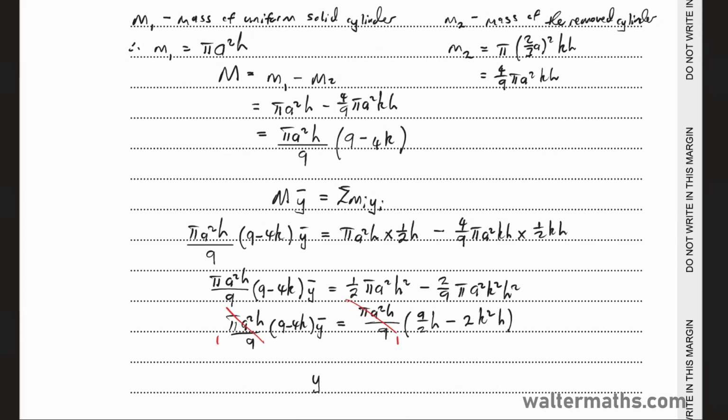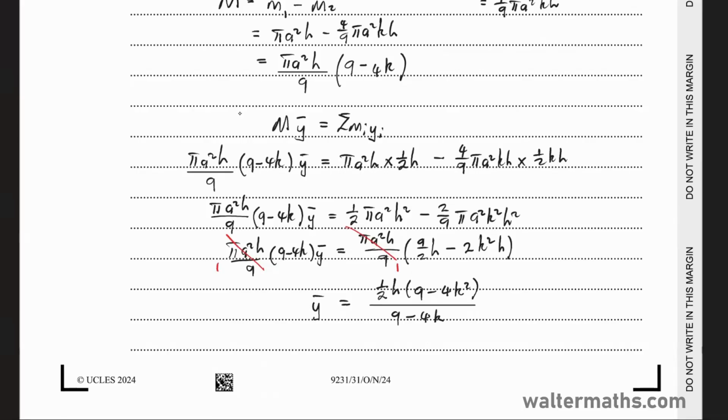On the right side, on this remaining thing, I'll factor out a half of H, so that we'll have 9 minus 4K squared in here. At the bottom, since I'm dividing by 9 minus 4K, it's 9 minus 4K.